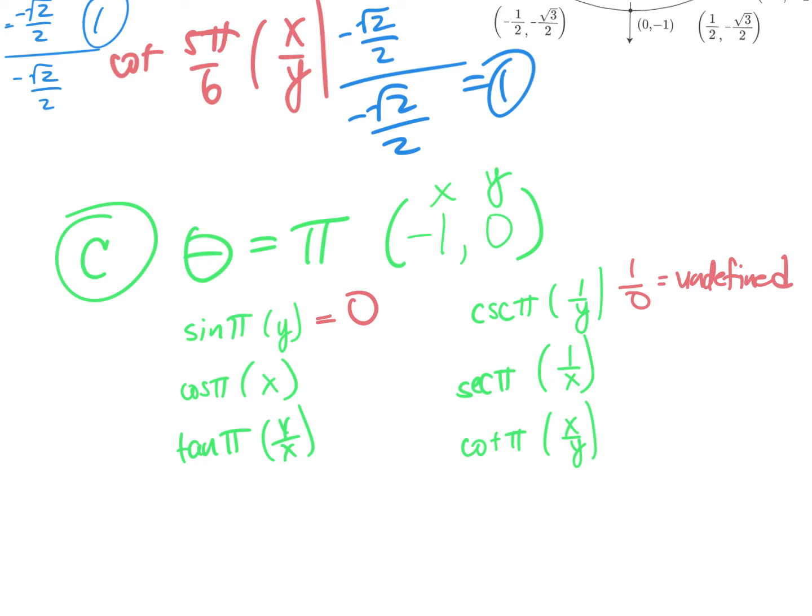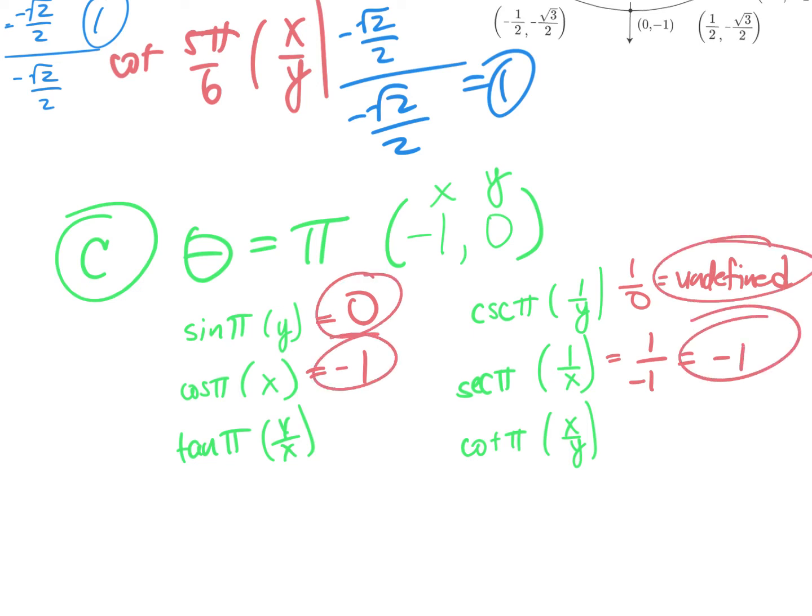What is the cosine value of pi? Negative 1. Good. So what is your secant? 1 over negative 1, which is? Negative 1. Good. Tangent is y over x, so 0 over negative 1.